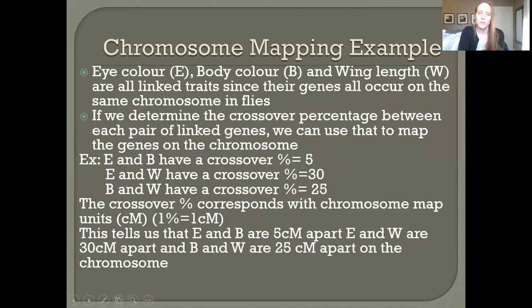The E and W genes have a crossover percent of 30%, and the B and W genes have a crossover percentage of 25%. Each percentage we call 1 chromosome map unit, sometimes called a little c capital M, other times called an MU for map unit. So what this is really saying is that the E and B are 5 centimorgans, chromosome map units, apart, E and W are 30 map units apart, and B and W are 25 map units apart.